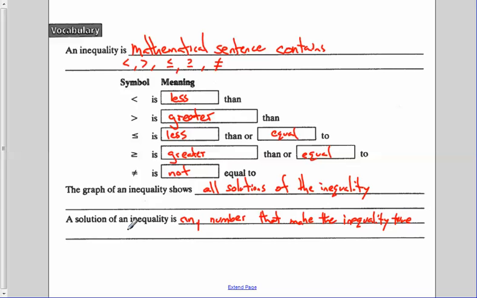Alright, and when we graph them, we have two identifiers. Don't think of it as a line graph as much as a number line that we graph on.